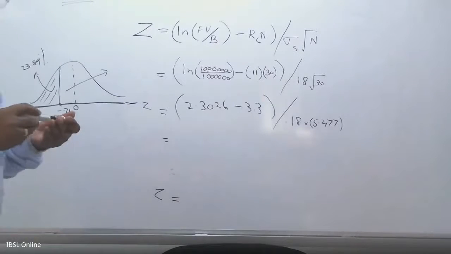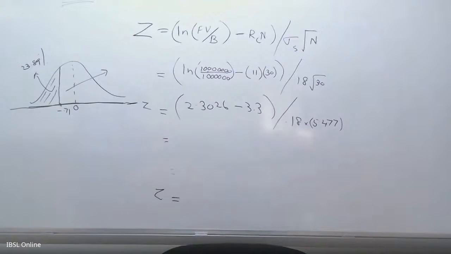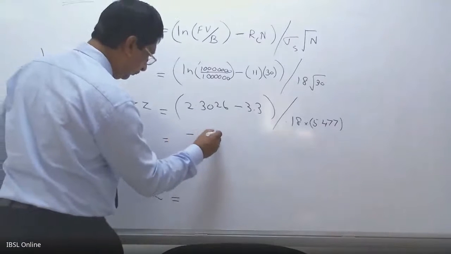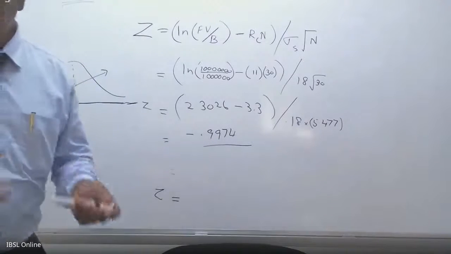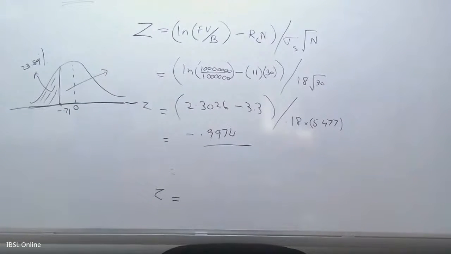Now I will get the denominator and numerator values. Minus 0.9974 divided by 0.18 into 5.477, which is 0.98586.